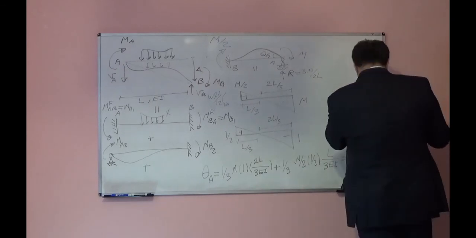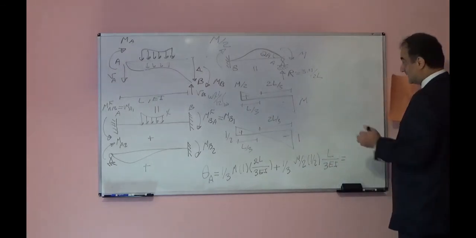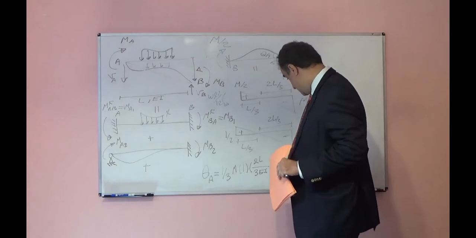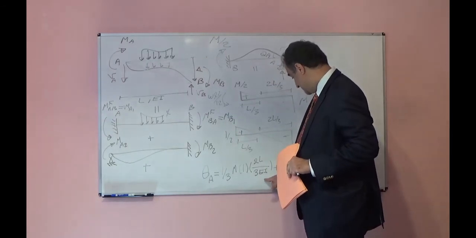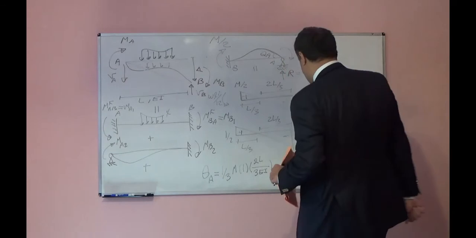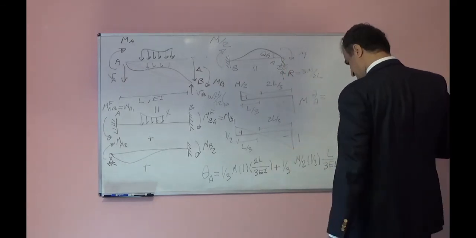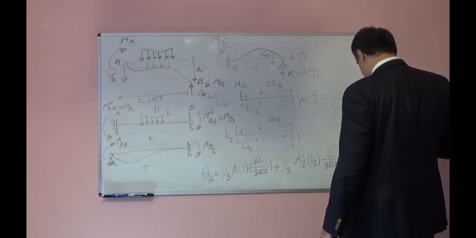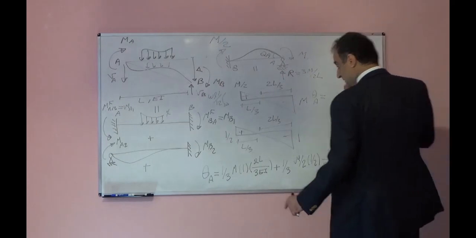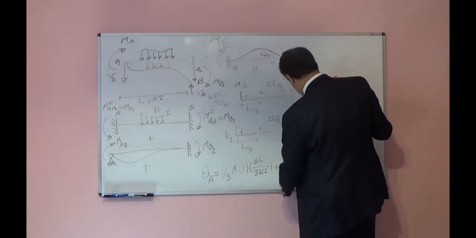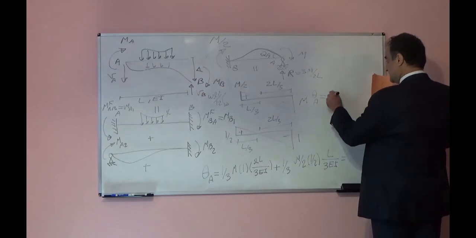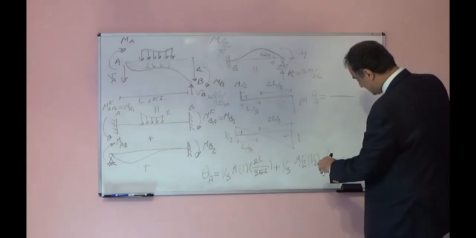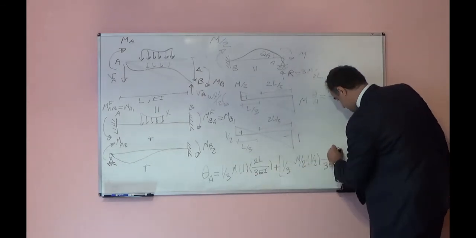If I add these together, I will get, let's see, theta A will be, this will be 3 times 3, 9. Sorry, I made a mistake, this belongs to here.